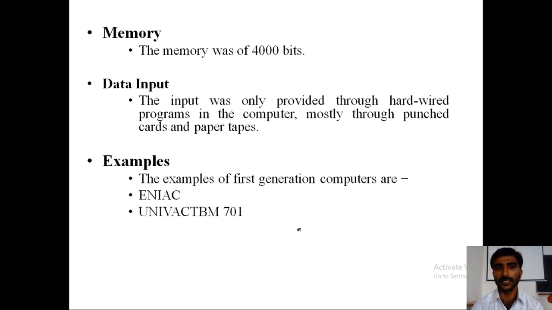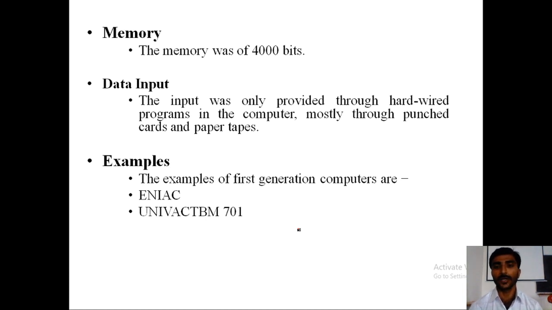So they used a very small size of memory for storing data. Nowadays we use 120 GB and 1 TB, but in those days they used small memory, less than 1 MB, 2 MB, like this.